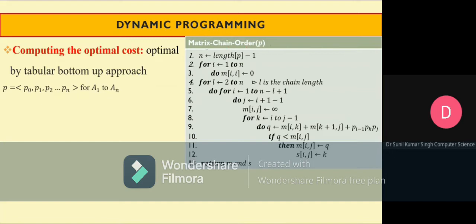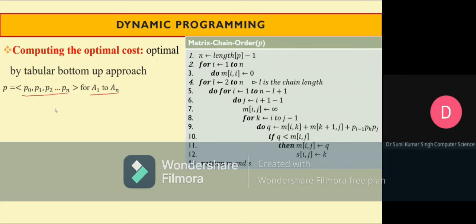So this is the matrix chain order algorithm, and if we are having the matrices from A1 to An, then these are the orders of matrices. Let me represent it in some other way so that it will be more clear to you.